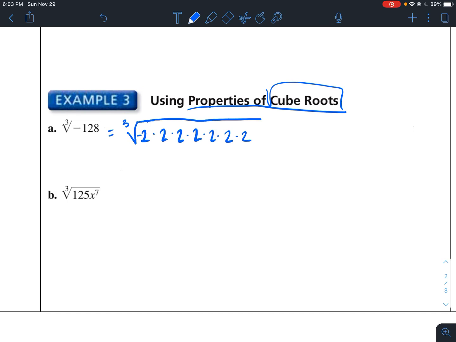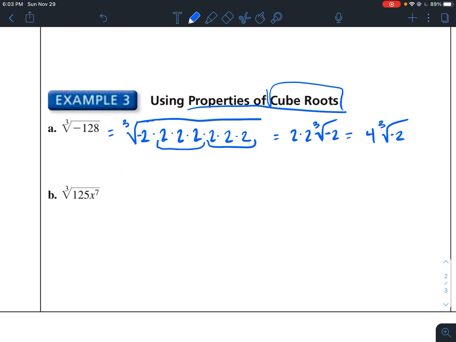So basically what we can do, see how we have a group of 3 here and a group of 3 right there? So that means we can take out 2, 2. So this is equivalent to 2 times 2 times the cubed root of negative 2. And that's equal to 4 times the cubed root of negative 2.